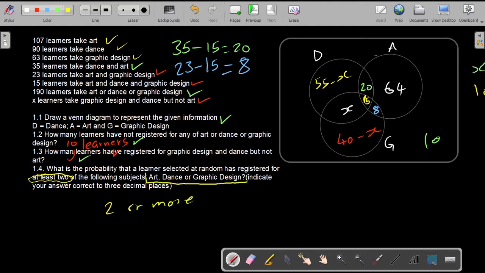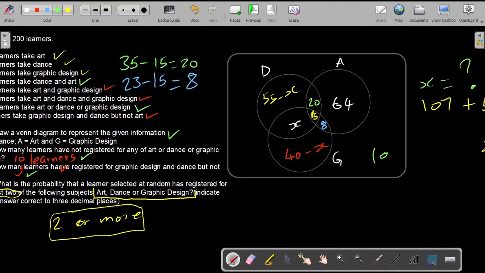So the learner has to be registered for 2 or more of these, which basically means we are talking about the intersection of 2 or more. So what is that territory that we're talking about? If you come to your Venn diagram, we now know that the x is 12, and the intersection of at least 2 would be this whole portion on this territory over there that we have, right?